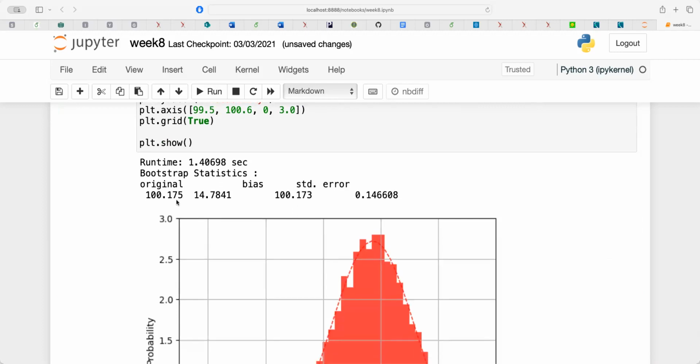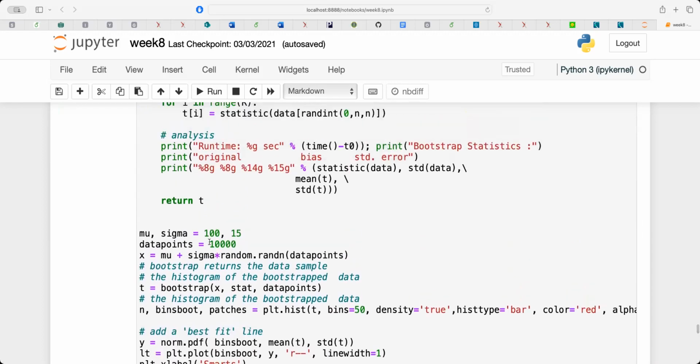I didn't get 100, okay? I also didn't get 15 for my standard deviation because I'm running an experiment with 10,000 samples. If I increase this to 1 million, you will get much closer to 100 and much closer to 15, okay?